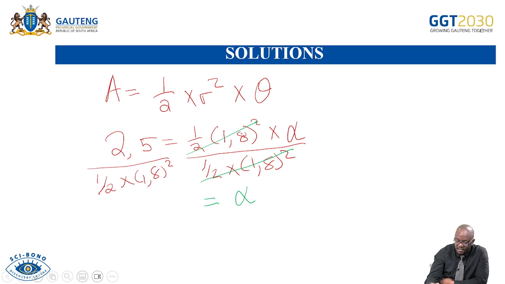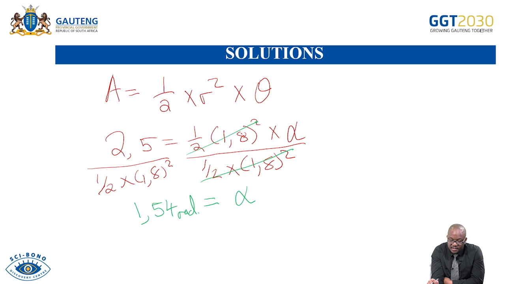Then on the left hand side, you will punch in your calculator 2,5 divided by 1/2 multiplied by 1,8 squared. So with that, you will get 1,54 radians.